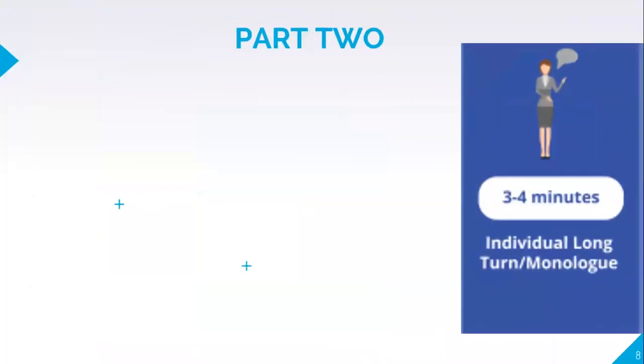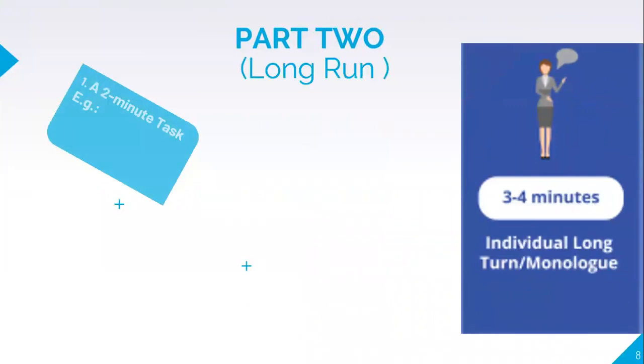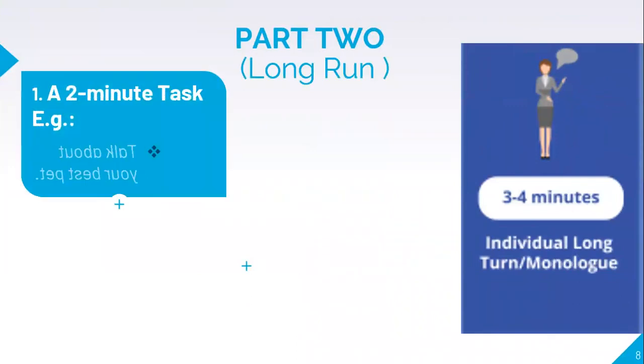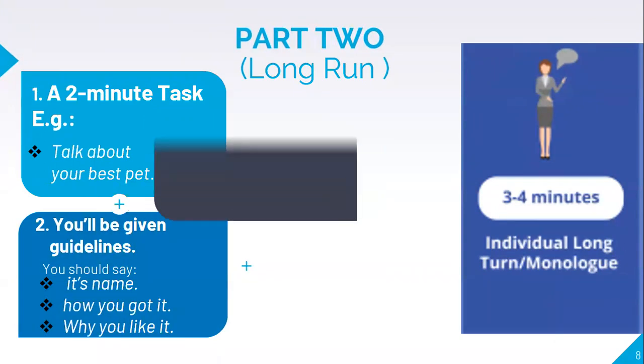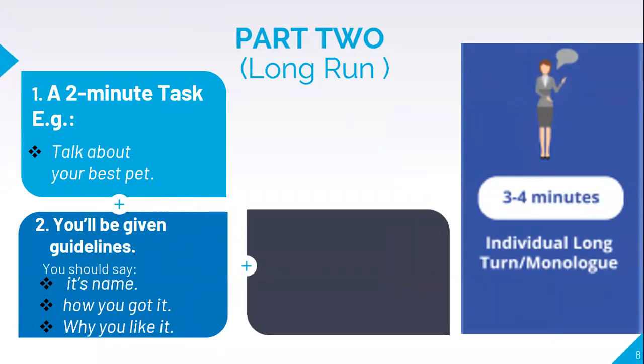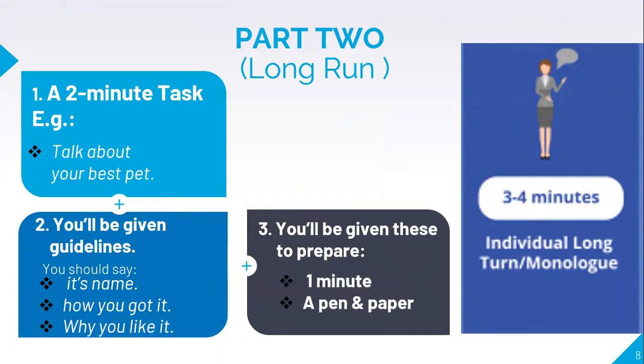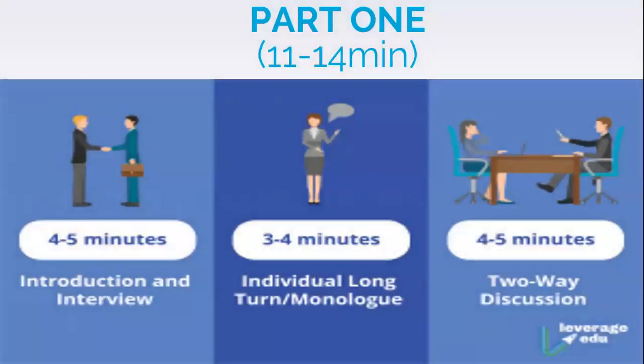Then we moved on to say that in your part 2, we call the individual long run, you're given a task, and with the task comes guidelines, as well as a 1-minute preparatory time, for which reason you are given a pen or a pencil and a paper. And after that, you will move to part 3, where you will resume some discussion with the examiner. So altogether, your speaking test lasts 11 to 14 minutes.